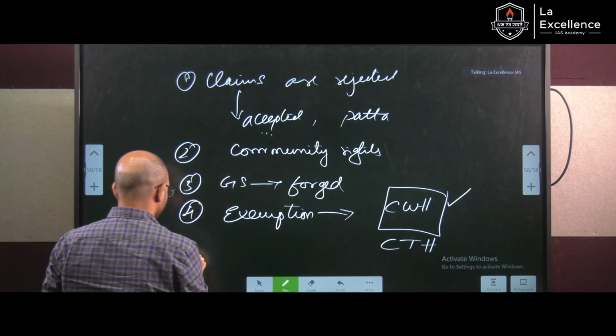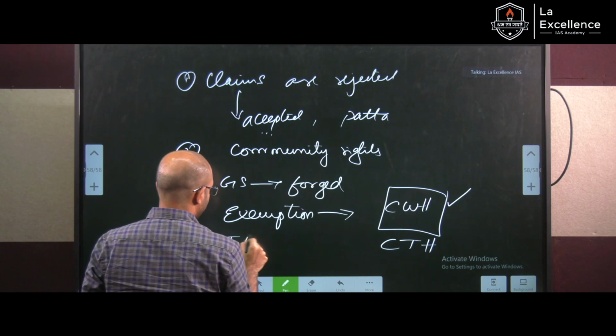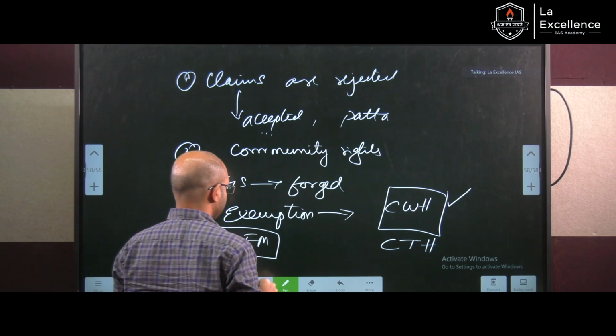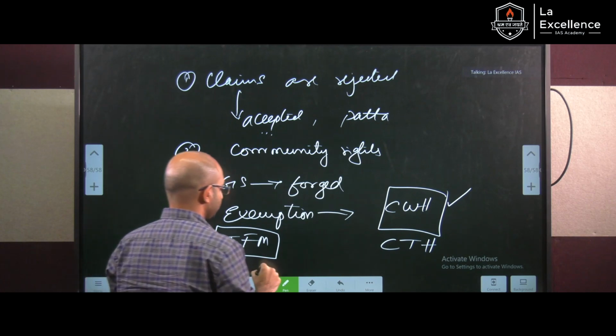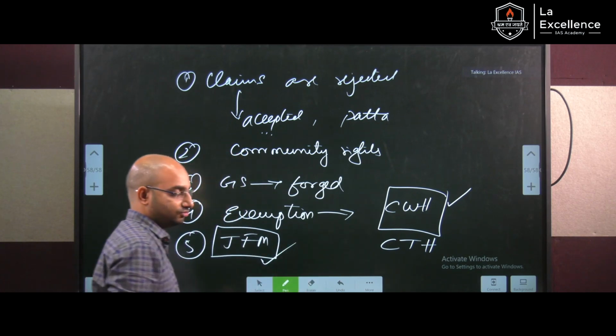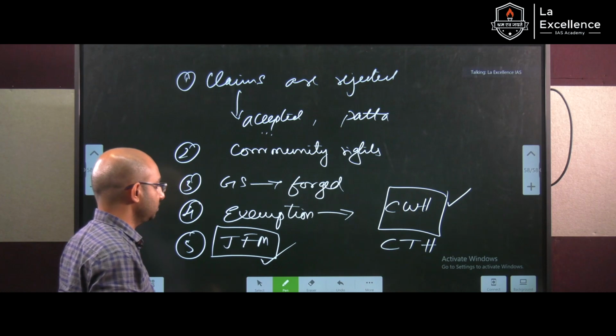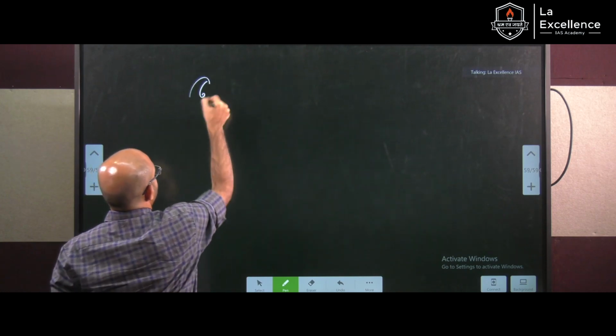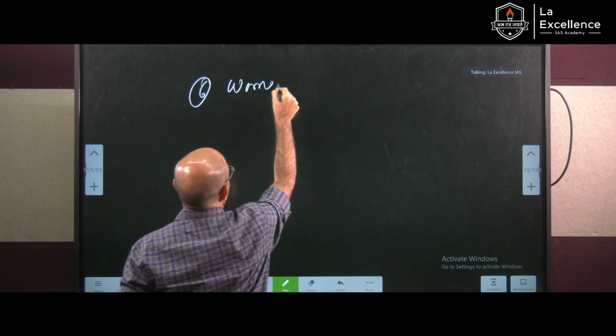Next, joint forest management committees are being formed, and forest rights consent is being taken from joint forest management committees instead of Gram Sabha. So JFM committees are being seen as surrogates to this. Next, women's rights are being ignored.